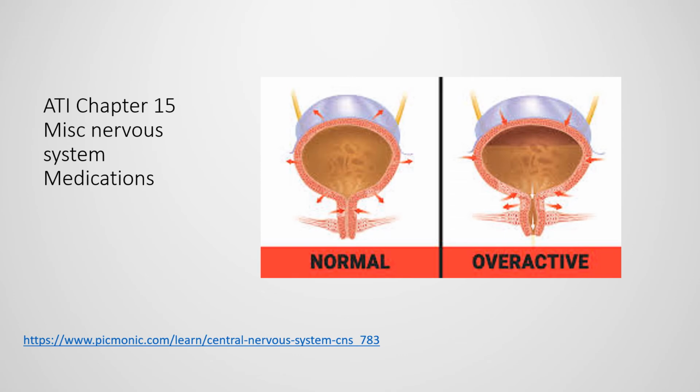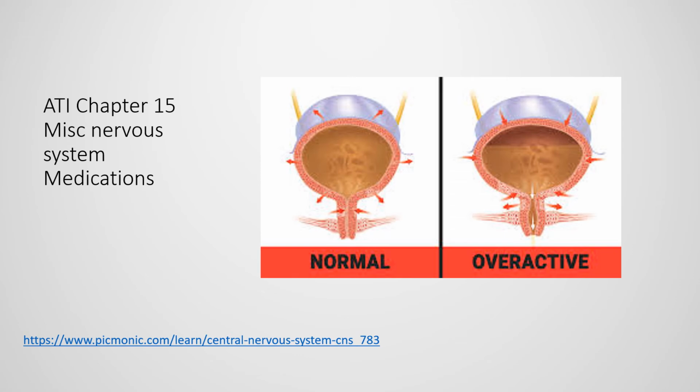So we need that holding container, just like we need the rectum for stool, so that we can have a bowel movement at an appropriate time. Well, we can urinate at an appropriate time by storing urine. And the bladder is a muscle, and it's able to forcefully contract and expel the urine through the urethra. So let's look at the slide on the left.